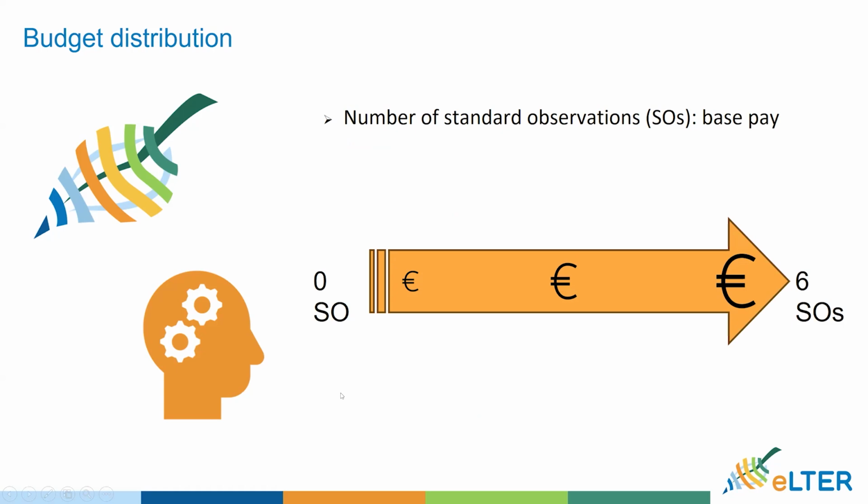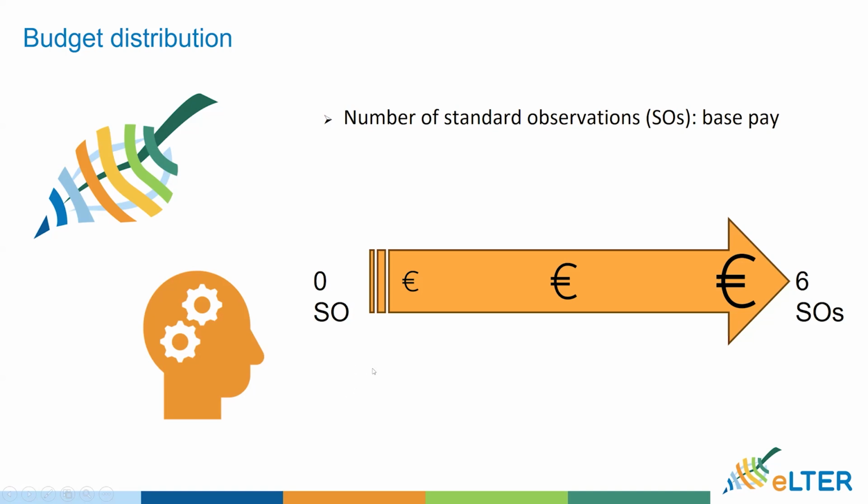As a maximum, we have 6 standard observations in this data call. All the data that were considered other were not included in this exercise, but all the submissions actually gained some score for this that serves as a base pay for the budget distribution.